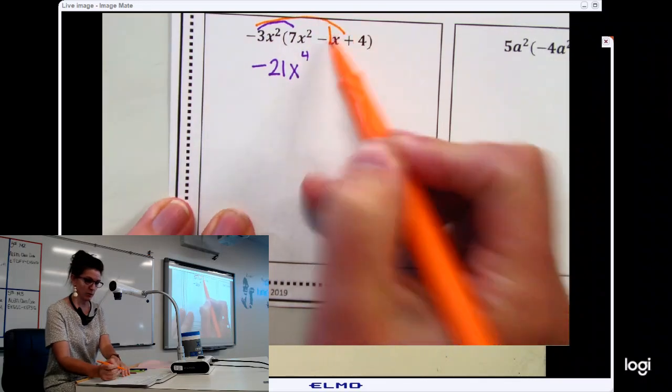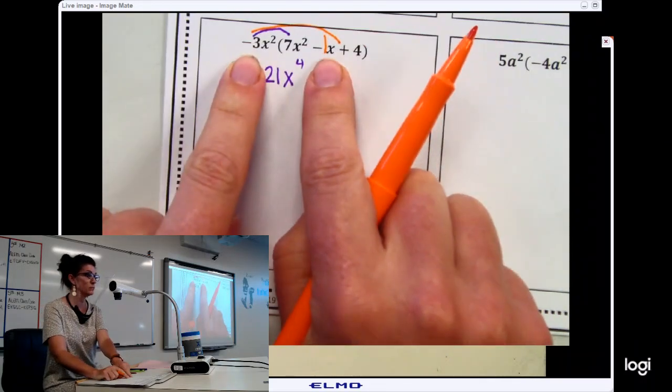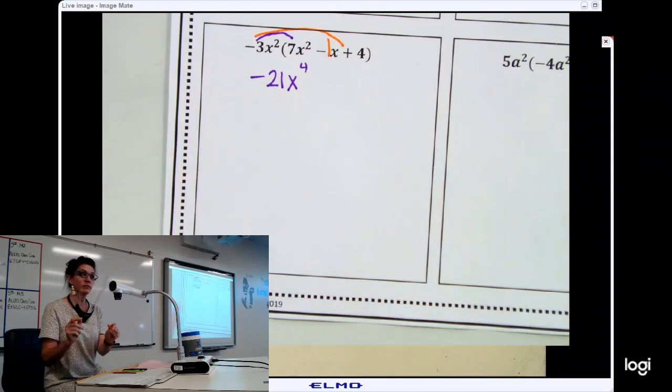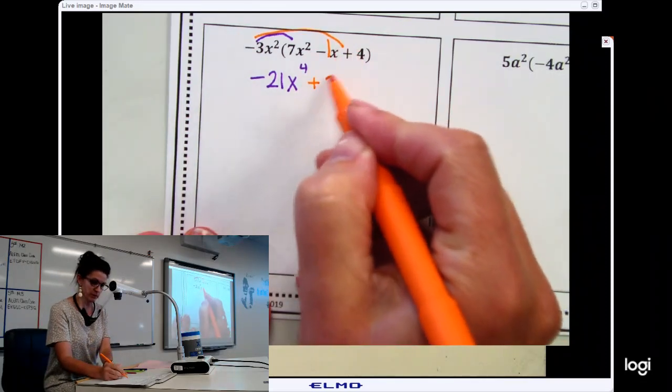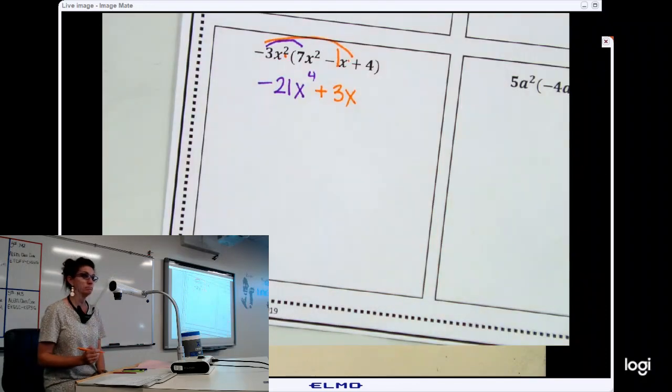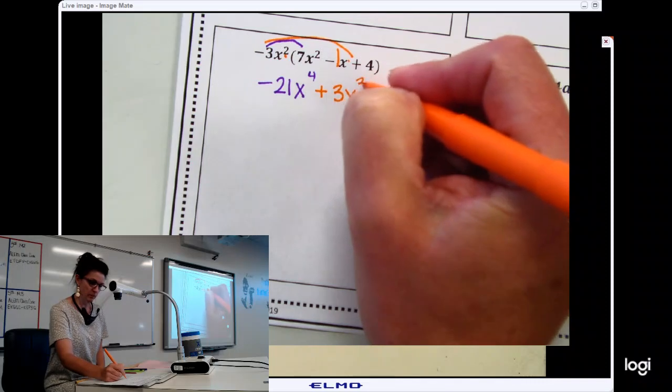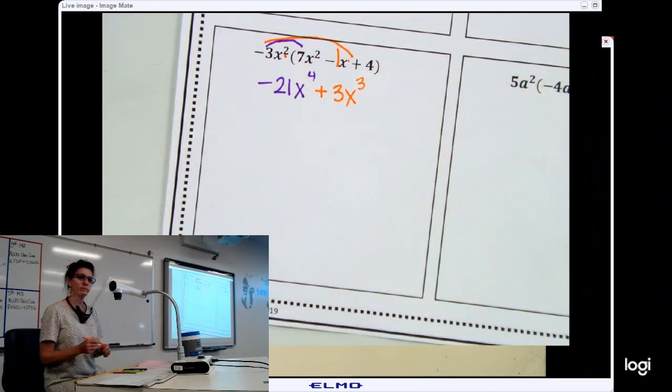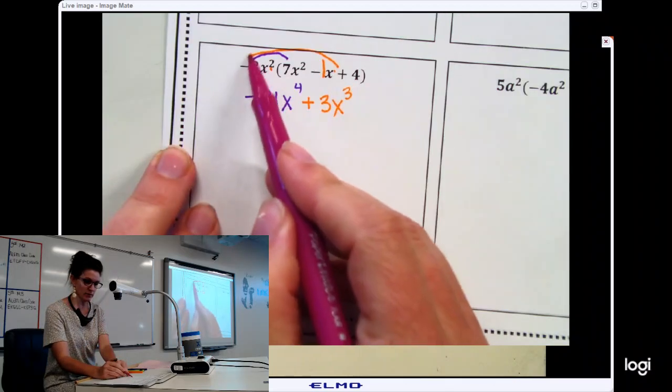All right, there's that 1. So what's negative 3 times negative 1? Positive. Negative times negative is going to be positive, right? Positive 3, x to the, what's 2 plus 1? 3. Questions with how I got that? And then the last term.